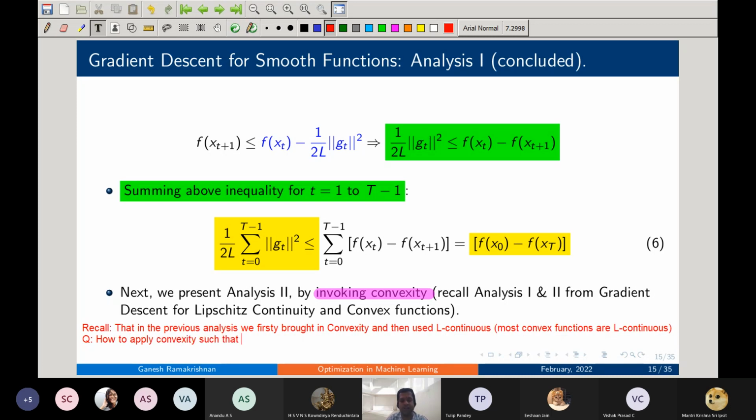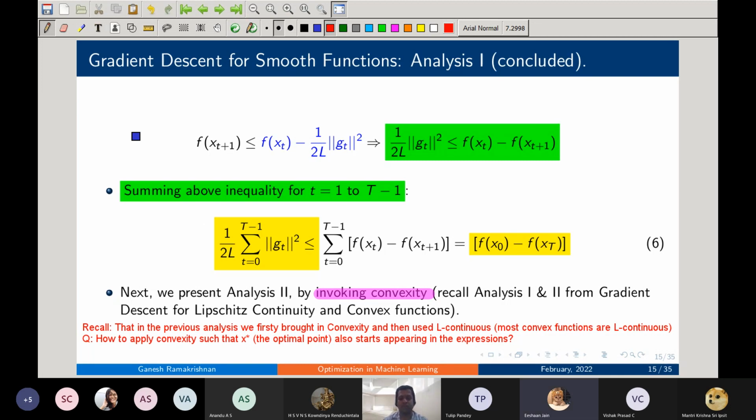Such that x star, the optimal, from where I want to measure the gap, also starts appearing. Any suggestions?